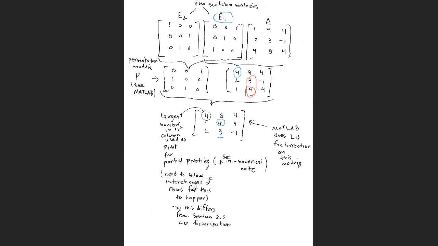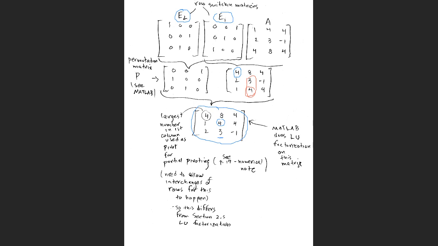In order to do that, we multiply the product E1A by another elementary matrix, E2, and that elementary matrix will switch the second and third rows. Then you will get the matrix A in the form you need.